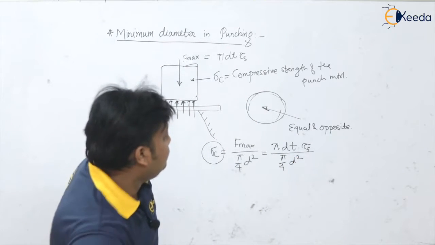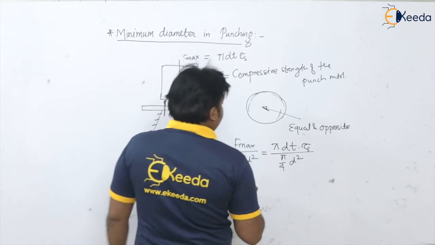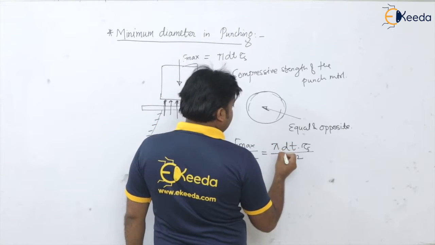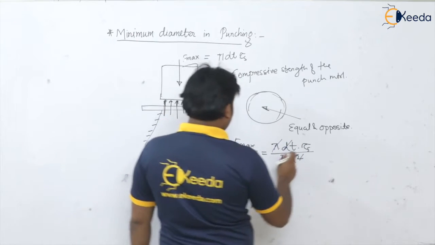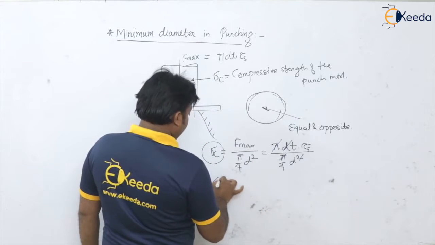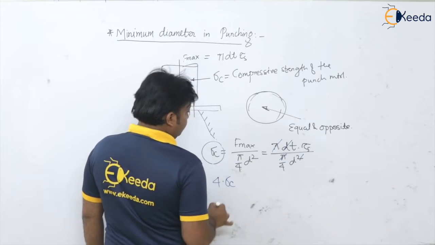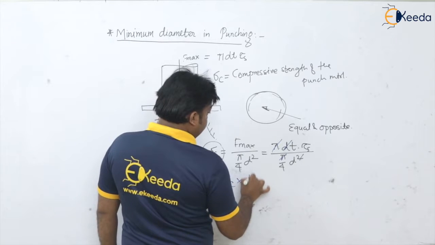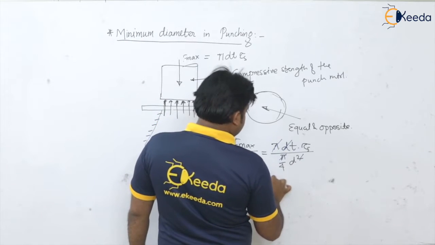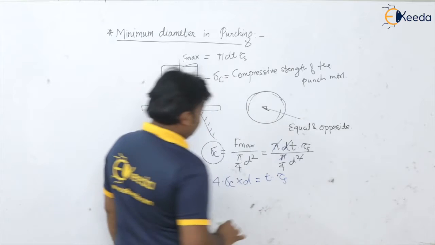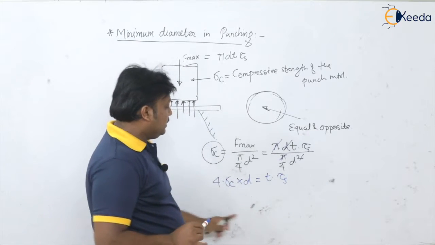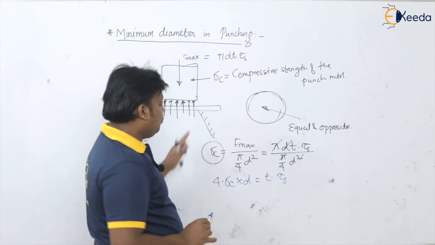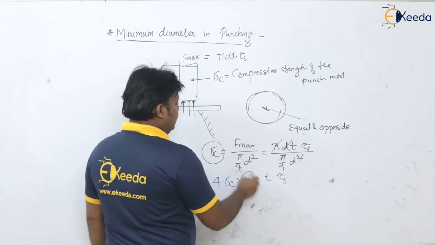So here see, pi gets cancelled, and d gets cancelled here. So what we get? 4 times sigma c into d is equal to t times tau s, isn't it? So what we want actually is the minimum diameter that can be punched in this operation, as this is our d minimum.